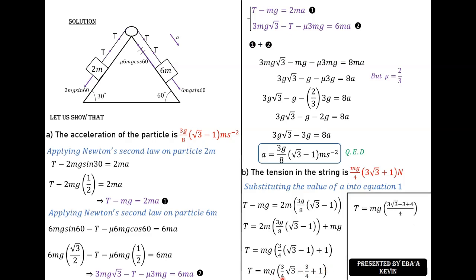Doing the LCM here, we are going to get the tension to be equal to mg then times 3 square root of 3 minus 3 plus 4 divided by 4. From which, further simplifying, we know that negative 3 plus 4 give us 1. So further simplifying, we get T, that is the tension in the string, to be equal to mg divided by 4 then times 3 square root of 3 plus 1 Newton, which is actually what was being required for us to prove in the B part of the question.